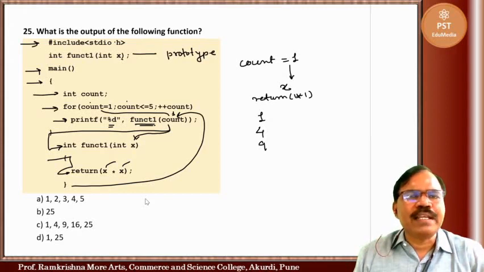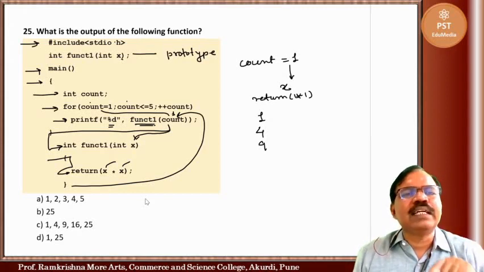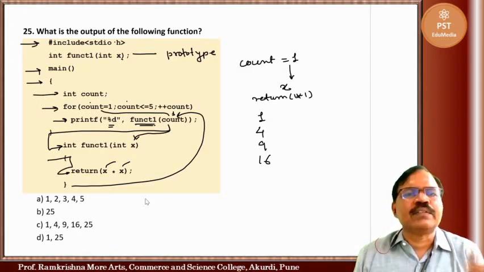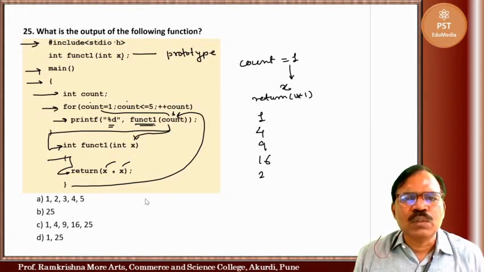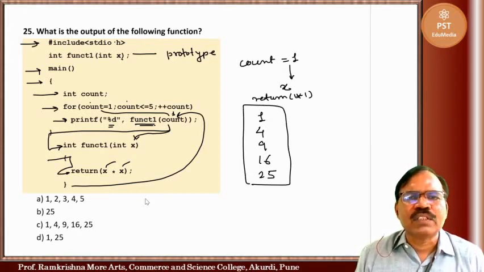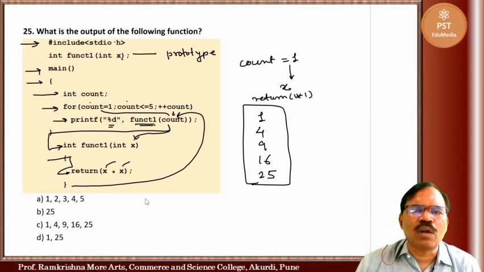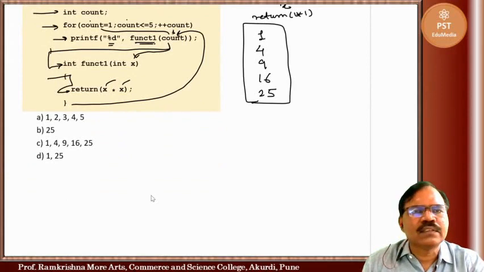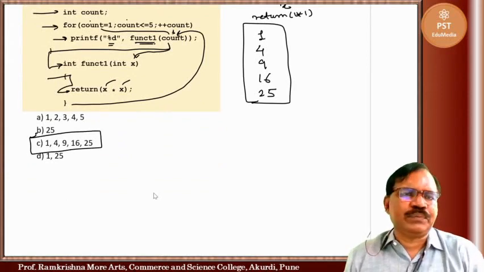That is copied in x, and in the function 4 star 4 is calculated and returned, so 16. Now count becomes 5. So 25 is returned and then there will be the end. So we will get the output 1, 4, 9, 16, 25.